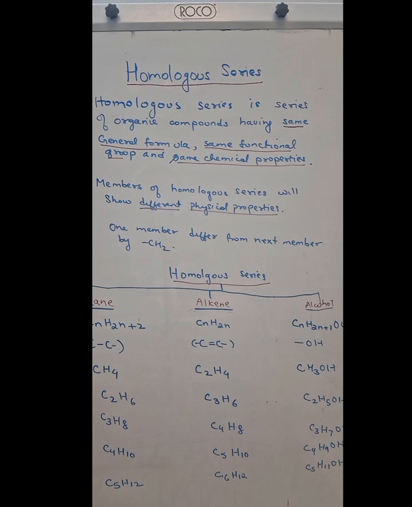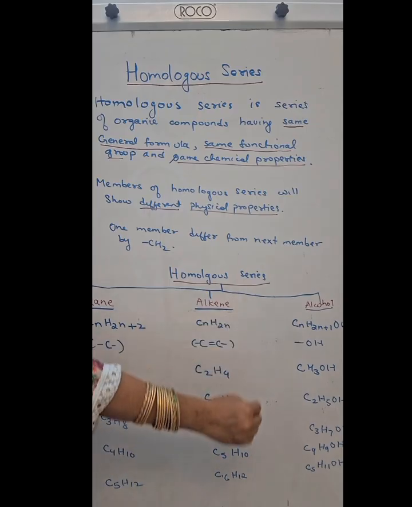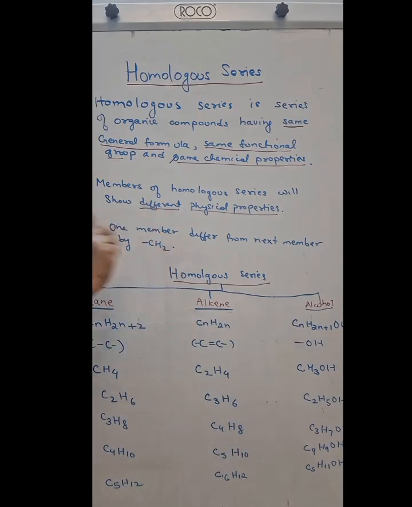When you see the mass, of course C2H6 will be heavier than CH4, and C3H8 will be heavier. As you go down the homologous series, the mass of the organic compound increases. They don't have the same mass, so the physical property is different.